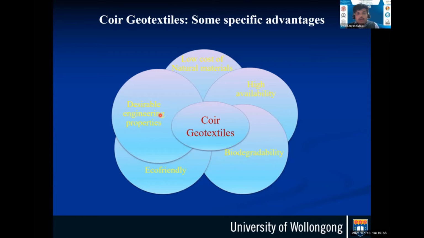In short, you can see coir geotextiles we can have desirable engineering properties for these materials. It's eco-friendly, there is no doubt about it. And you can see the biodegradable nature of the coir geotextiles. And if I expand a bit on biodegradability, we can see that it has both advantages and limitations.